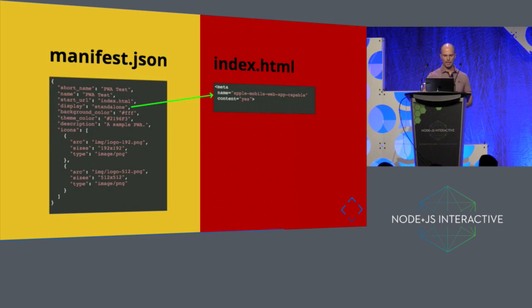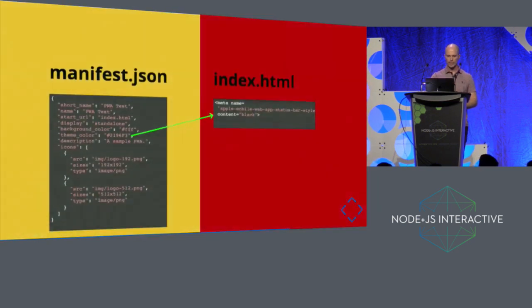And then, of course, we have our standalone mode. That's not really that well supported in iOS at this point in time. What you were able to do in the past is put in this meta tag to say that it is web app capable, and then things would start to work magically for you. At least the standalone option is supported in 11.3, but a lot of the other modes are not quite supported yet.